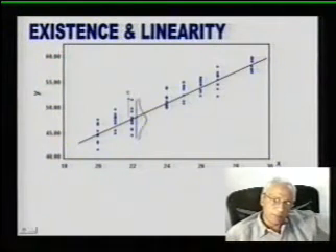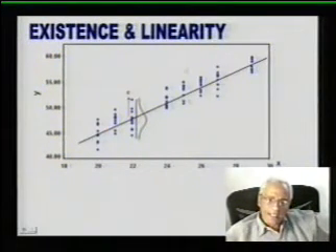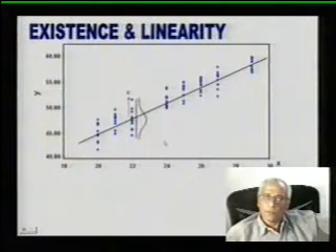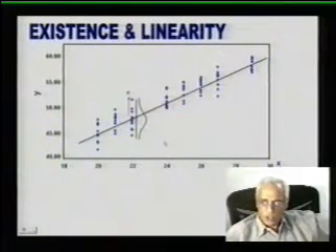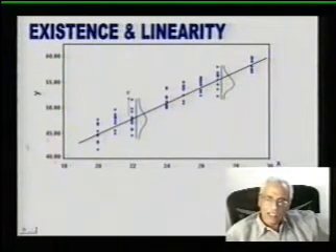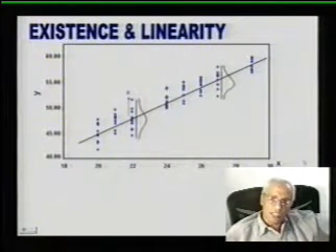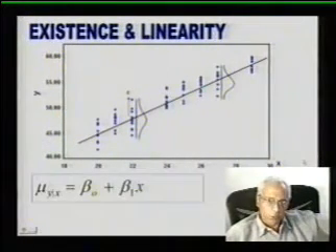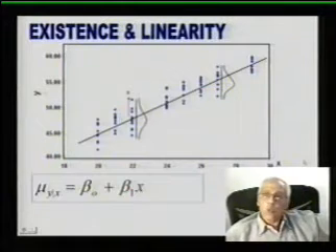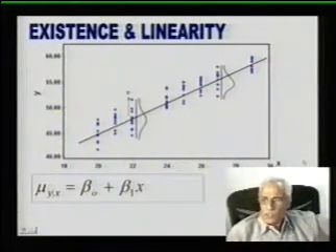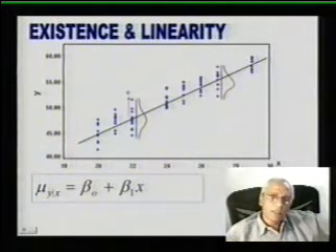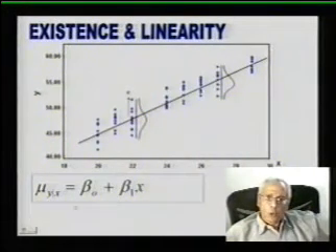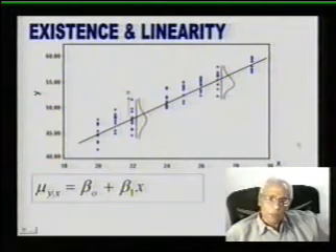So that's very simple. Here is the random effects of the y values, which is the existence issue, and the linearity, as you can see here, is a trend that we assume to start with. And that's why it is possible, based on these assumptions, to estimate the average y, or to estimate the coefficients beta 0 and beta 1.